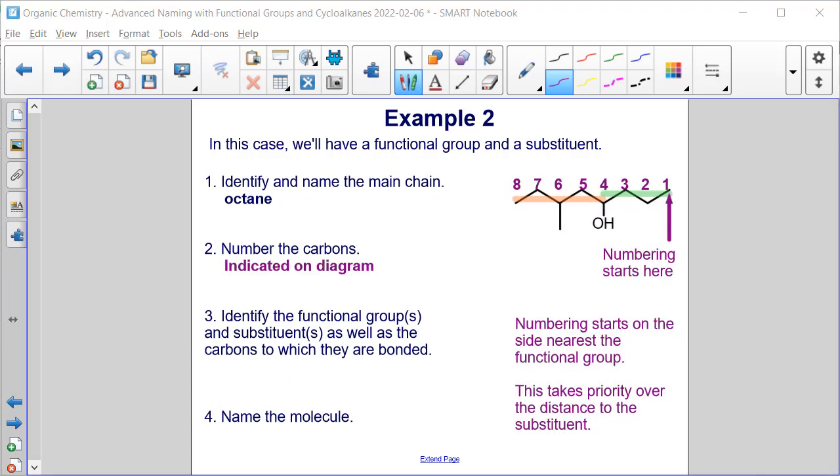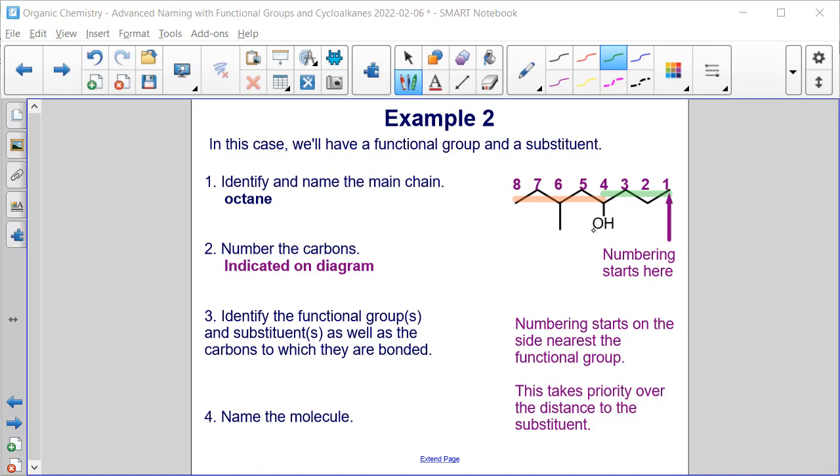All right, you can see the numbering indicated on the diagram that we just talked about, and also a description for why we started on that right-hand side. Now we need to identify the functional groups and substituents and what carbons they are bonded to as well.